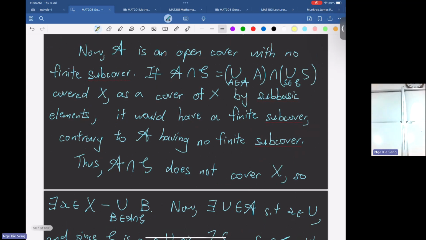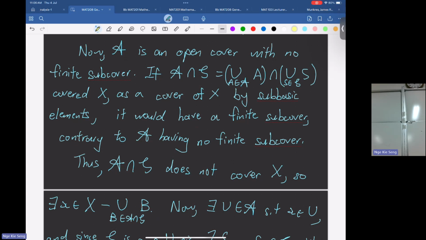We first intersect it with a subbasis. And then we say that this intersection cannot cover X. If it can cover X, then by the assumption of open covering by subbasis elements having a finite subcover, it will form a finite subcover for A as well.